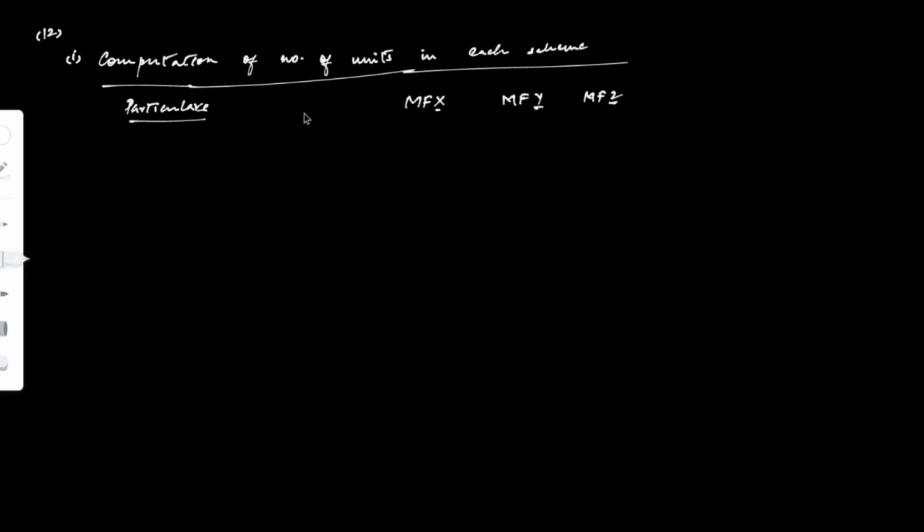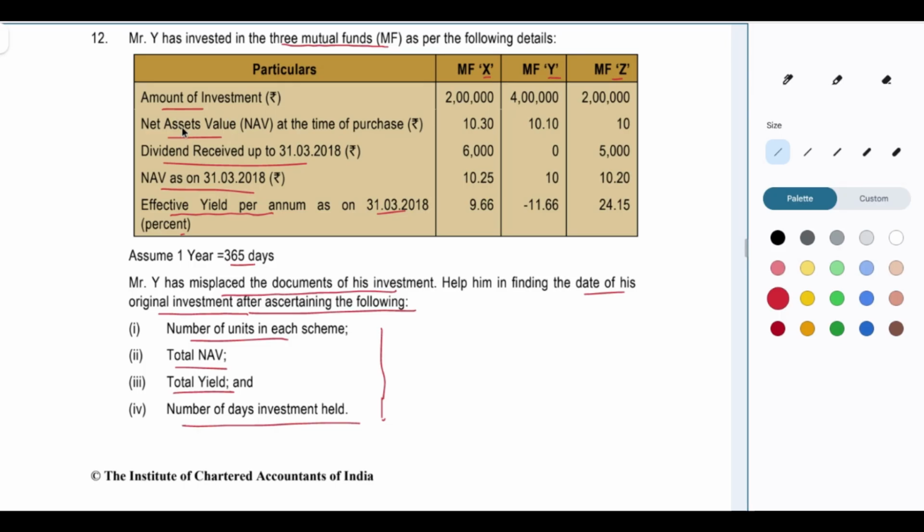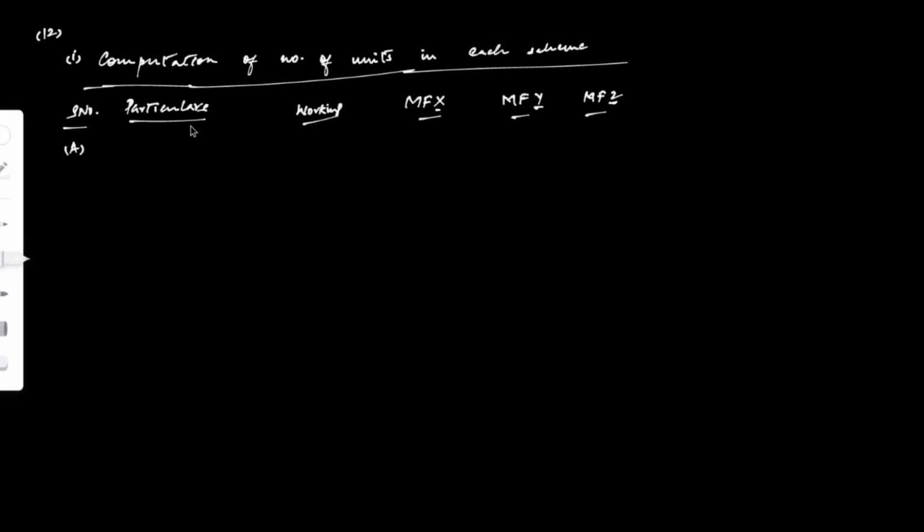Here it is working, with serial number. Now what is given? Amount of investment and NAV at the time of purchase.